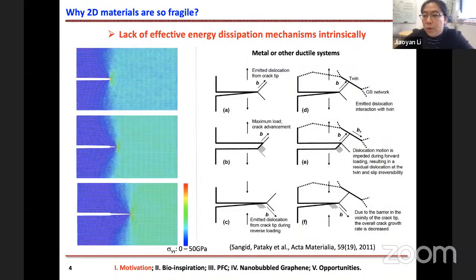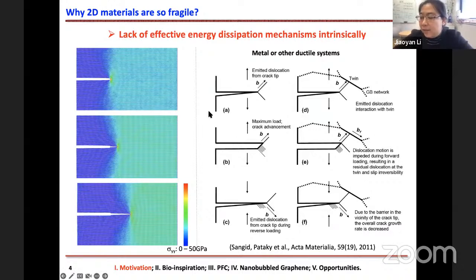Then we want to understand why graphene and its analogues are so fragile. The common understanding is that metals and alloys are usually very, very tough, as you can see from the picture on the right. When cracks in metals and alloys encounter external loading, dislocations can emit from the crack tip and form the plastic zone, which greatly increases the fracture toughness, not to mention the complex interaction between dislocations, grain boundaries, and twin boundaries, as we can see from this picture.